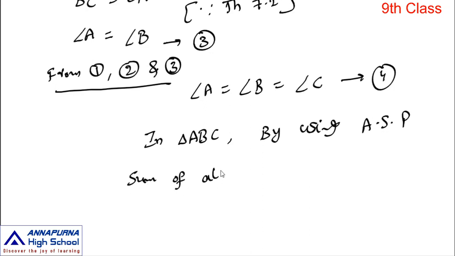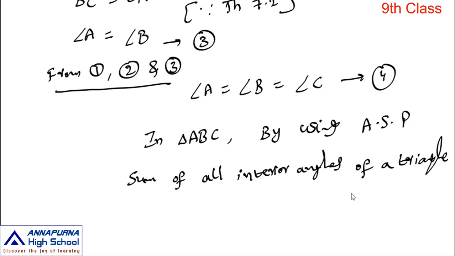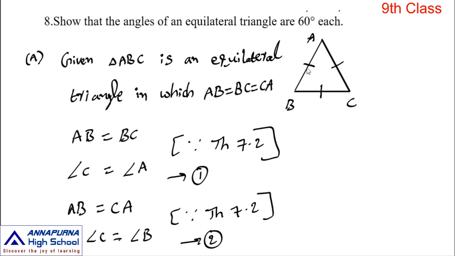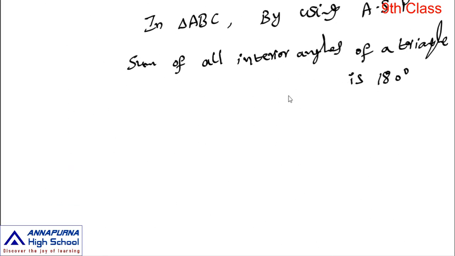Sum of all interior angles of a triangle is 180 degrees. See the figure. Angle A plus angle B plus angle C is equal to 180 degrees.